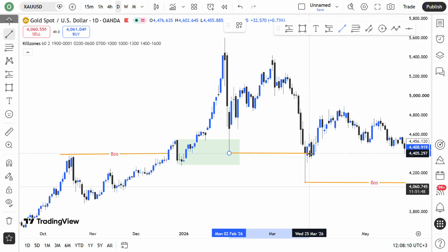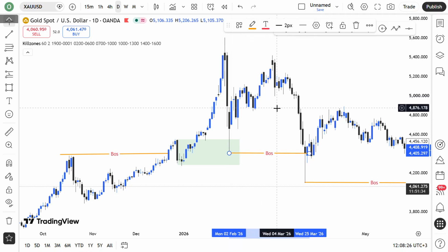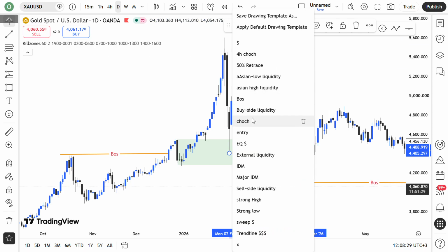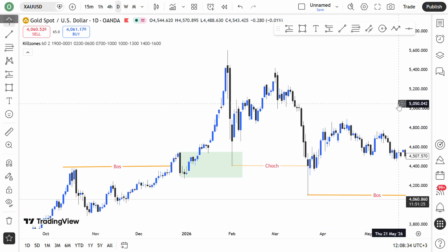So we said that whenever we see a change of character, it shows us that we are ready to shift from a certain trend. Maybe we are trading in a downtrend, and whenever we see a change of character, we are going to shift from the downtrend into an uptrend.